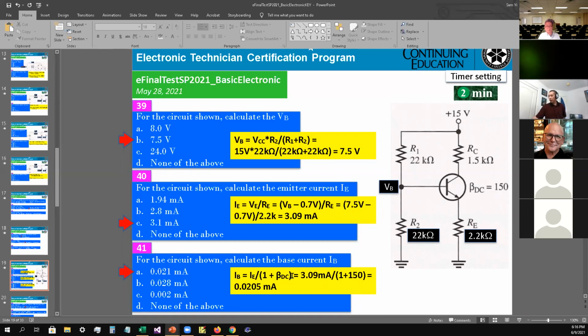So we got IE, which is 3.09 milliamps, divided by 1 plus 150 for beta. Okay, so the answer comes to 0.0205 milliamp. So the answer is A as in apple for 41. Okay. Any question?